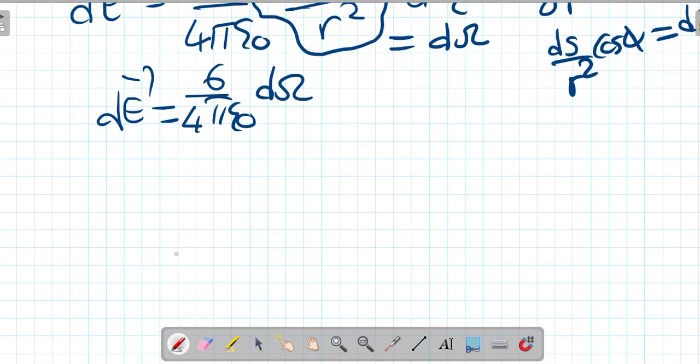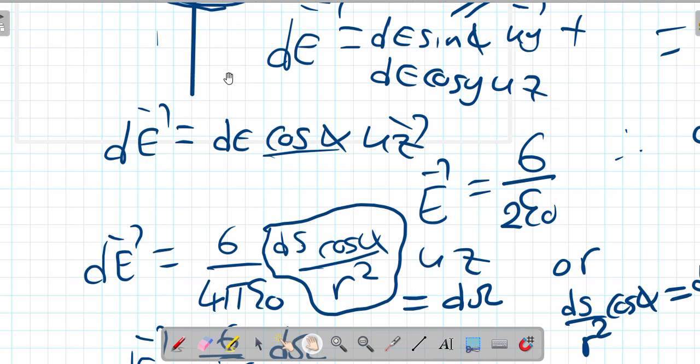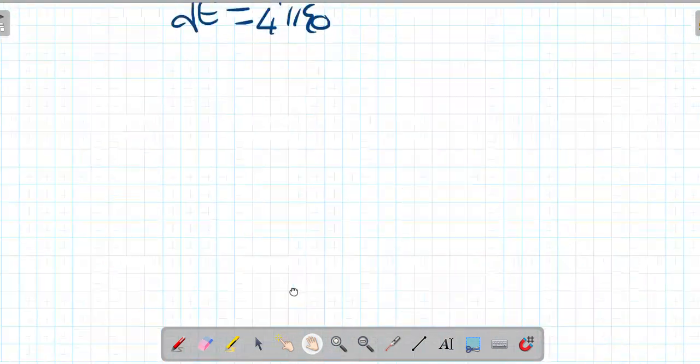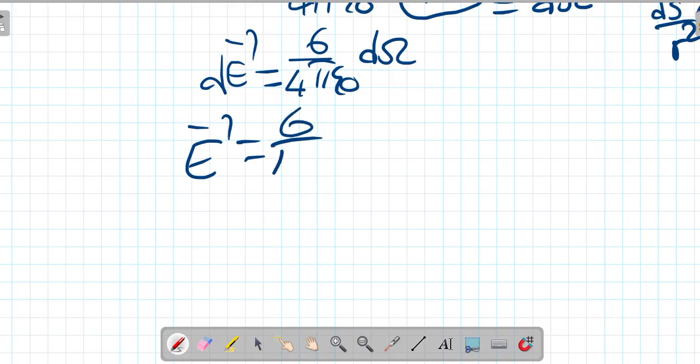Now this dE was just for a smaller charge because it's much easier to start with a smaller portion of the entire thing. But our interest is finding it for the entire thing. So you just integrate. Passing from here to the total E, E will be equal to sigma over 4 pi epsilon 0, then you put omega, the solid angle on which we see the disk.